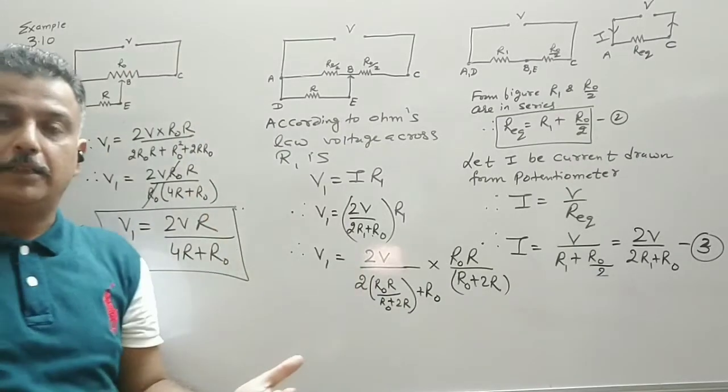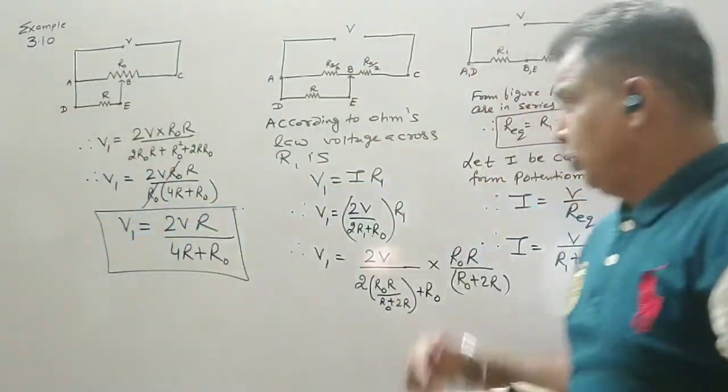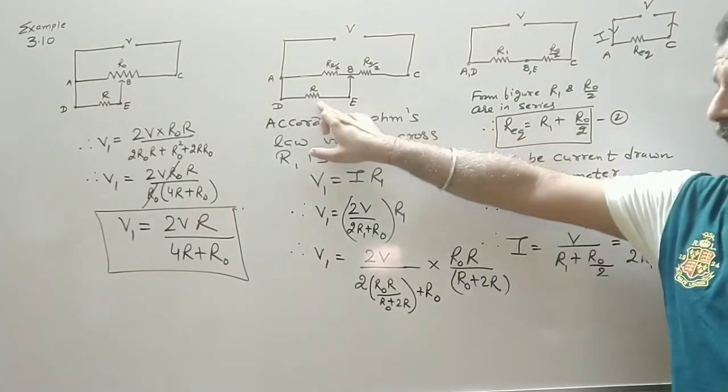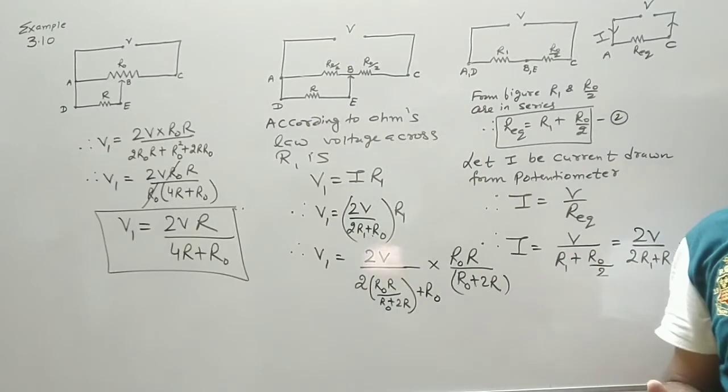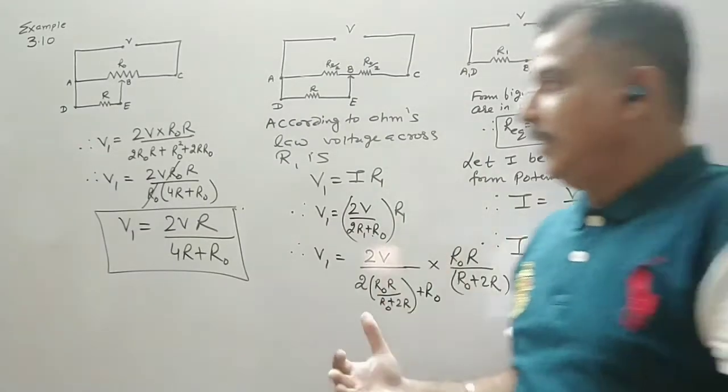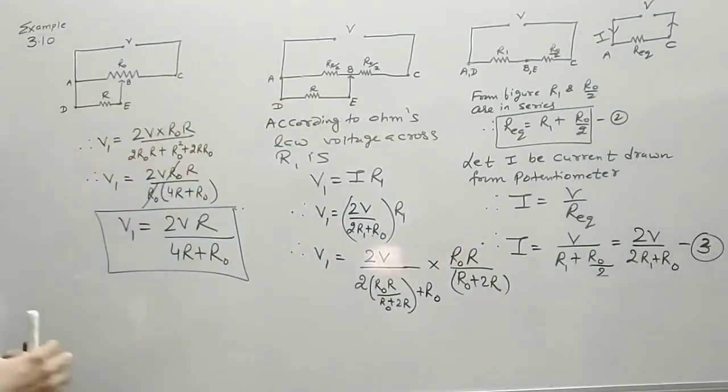The other method is you can find out the current flowing through it and then you apply Ohm's law. Now let us see how you will do the distribution. Suppose you want to apply Kirchhoff's second law.